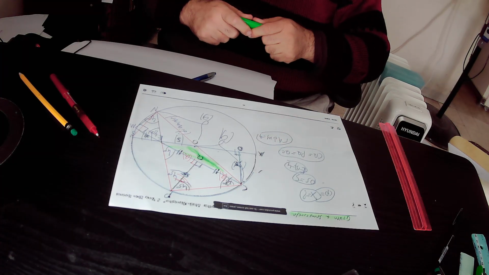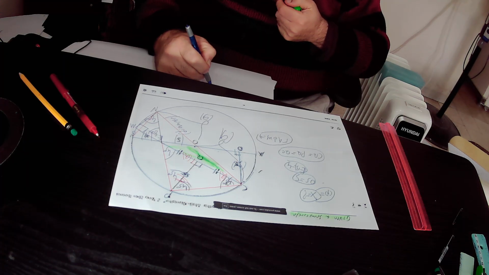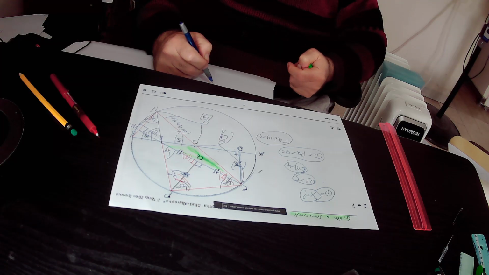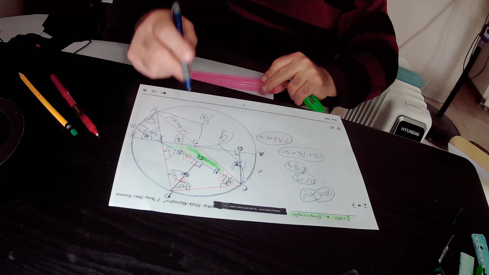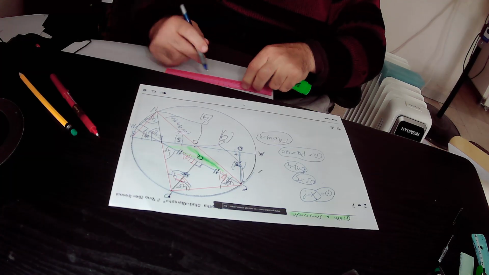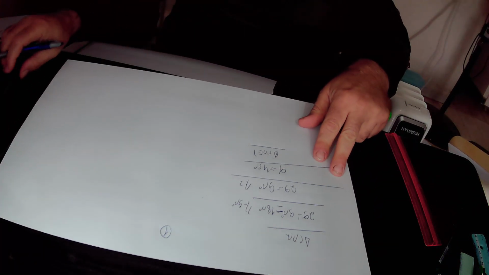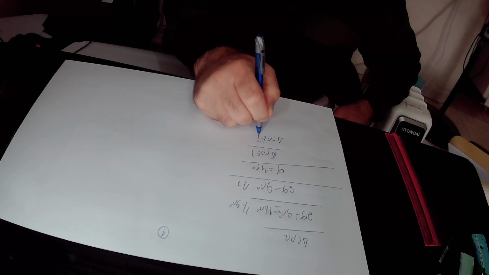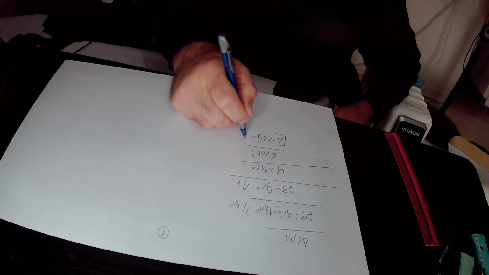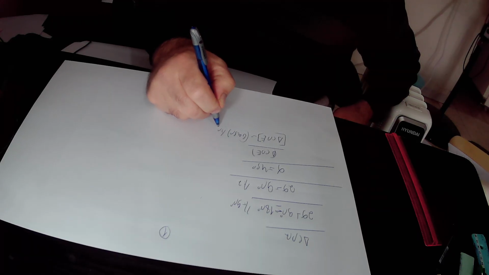So what is the area of this green triangle, triangle COE? Actually, we know that the area of any triangle equals the base of the triangle times the height to the base over 2. So the area of this green triangle COE must be equal to the base of the triangle times the height over 2.